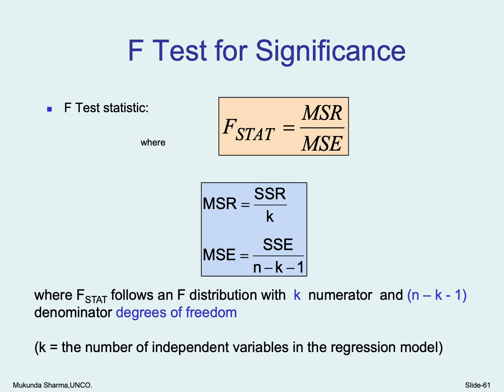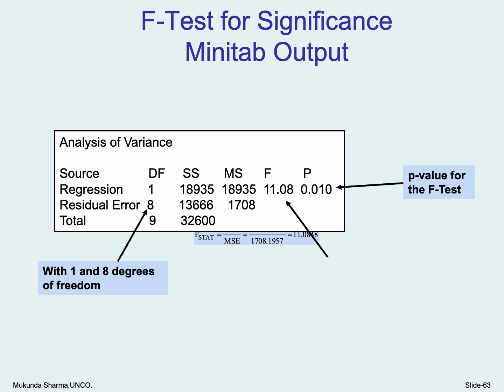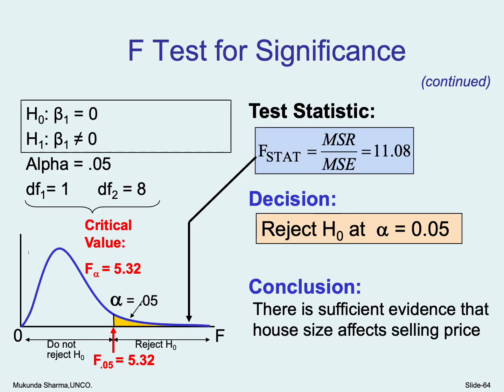The t-test is used for the individual significance of slopes, but here the F-test is used to examine the overall model, whether it is significant or not. Here are some formulas for the F-test. We can find these values from the Excel output, and we can interpret them as we do in the t-test.